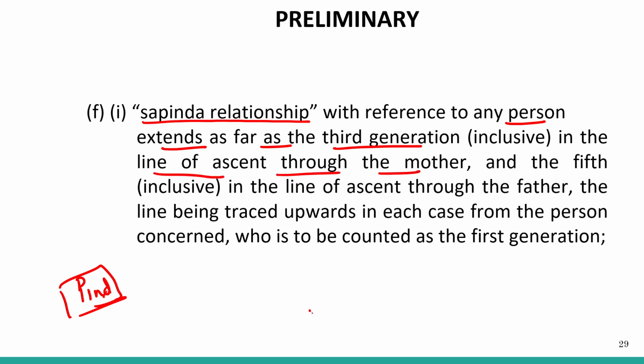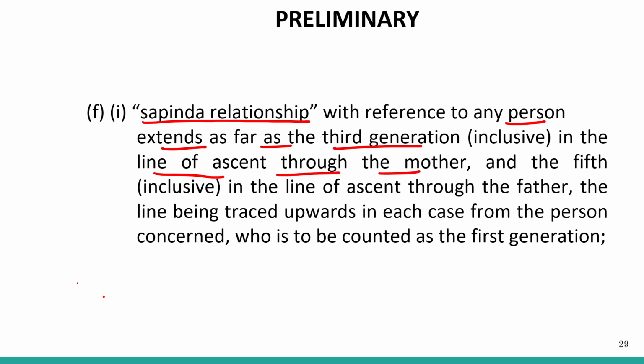Now let's take an example. This is a person X. He has a mother, mother's mother, and then mother's mother's mother. In short, this is a grandmother, and this is a great grandmother. Let me present it in a better way so that you can understand.